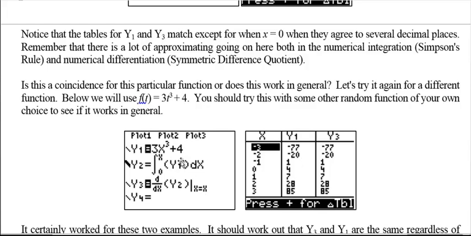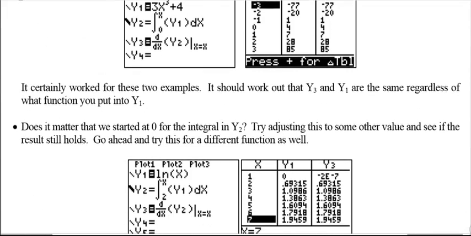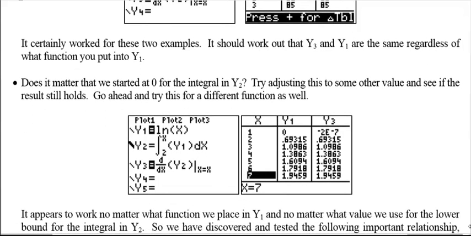Just make up any function you want. I just tried a couple of examples here. Seemed to work. What if you change the formula for y1 to just anything you want? Check it out. See if y1 and y3 still turn out to be the same. Well, so far that seemed to work.